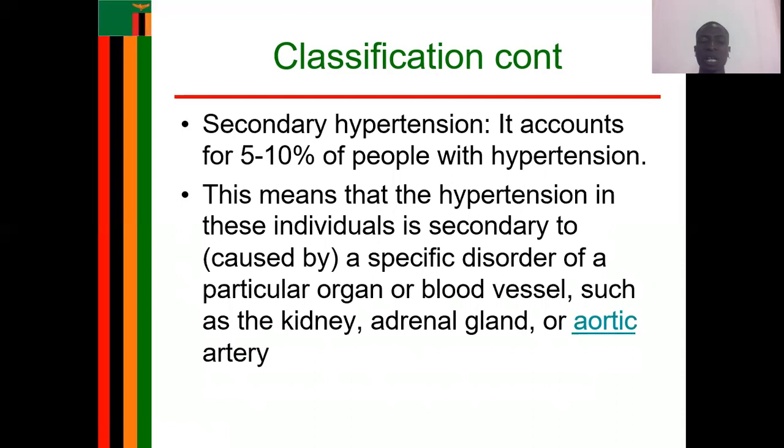Secondary hypertension accounts for 5 to 10% of all people with hypertension. This means that the hypertension in these individuals is secondary to a specific disorder, particularly of organs and blood vessels such as the kidneys, the adrenal glands, and the aortic arteries.